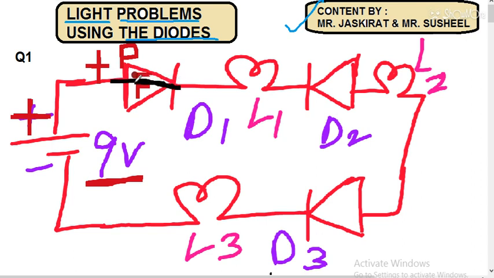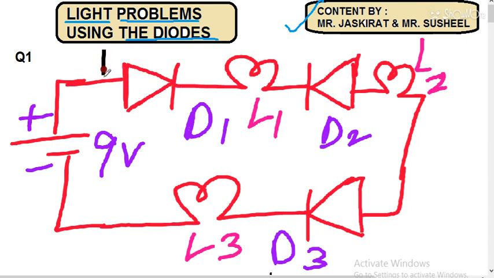Now see this positive voltage. When this diode is forward biased, it will act as a closed switch. Then the same positive voltage will go to this position, and this is the N side. When we connect the N side with the positive voltage, this diode is reverse biased. I am explaining again.